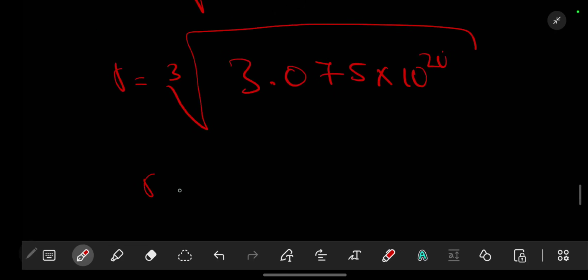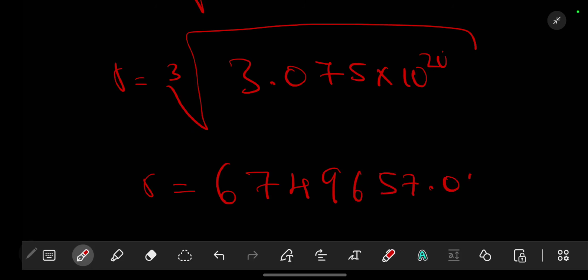Then find the cube root of this value. So the cube root of our value of 3.075 times 10 to the power of 20. This gives us a value that will be equivalent to 6749657.047.